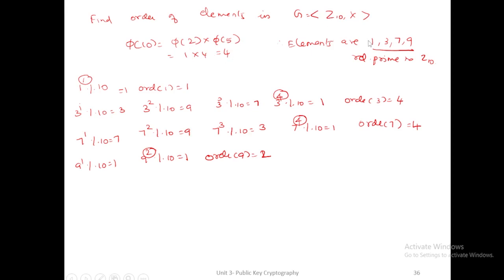The elements are 1, 3, 7, 9, because the other numbers are not relatively prime to n. So if you write the elements of a particular group, those elements should be relatively prime to the given number. By applying that rule, the elements of Z10 are only 4, which satisfies the phi of n condition. So in this way, we are able to find the order of elements.